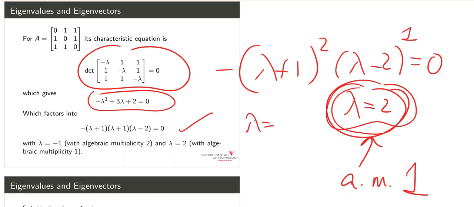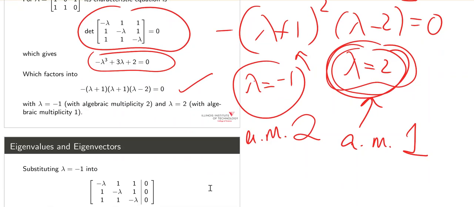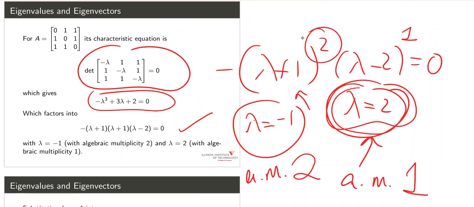Lambda equals -1 is also an eigenvalue, but it has algebraic multiplicity 2, because it appears twice in the characteristic polynomial. You have it to the power of 2. So that's algebraic multiplicity. Pretty straightforward.